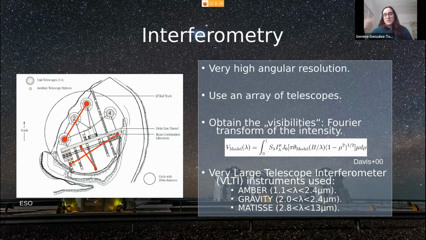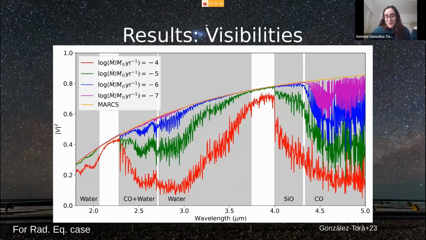Physically, they don't make much sense because they are in Fourier space, so we have to transform them to get the intensities, which makes more sense for us. And it's this expression that you see here. We have data from AMBER, from GRAVITY, and from MATISSE. And later I will tell you how this data relates to our models.